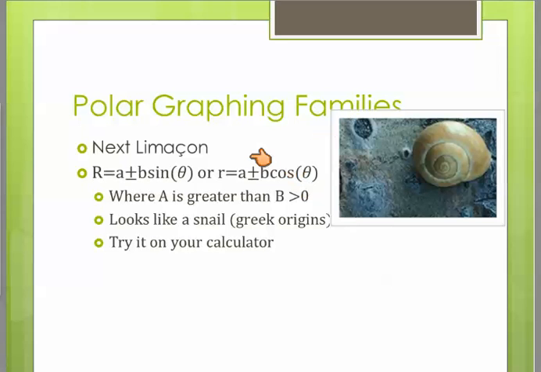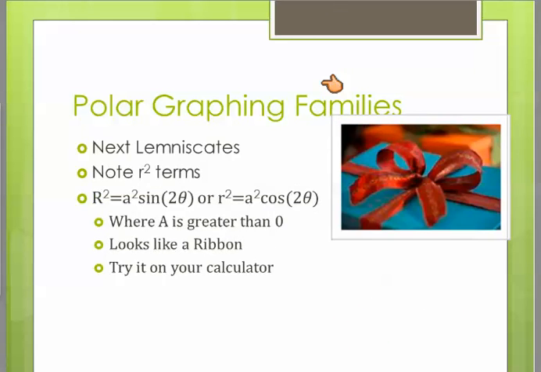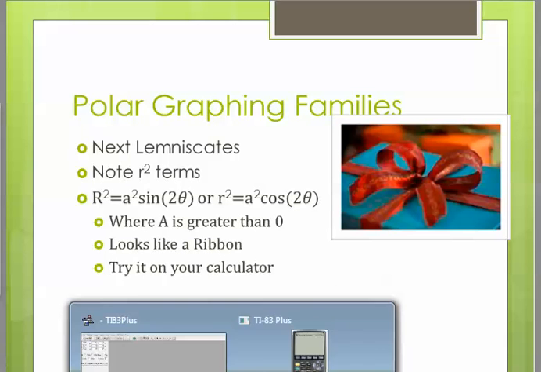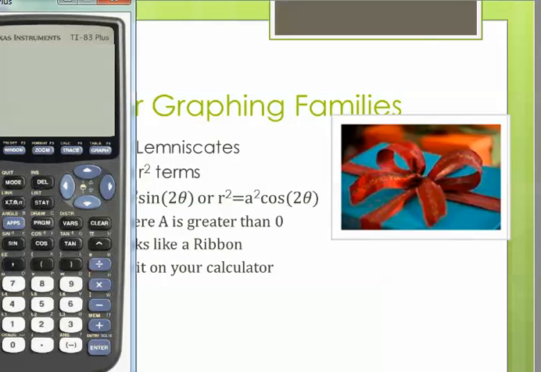For lemniscates, most of them only have symmetry around the pole, and very rarely do they have the other two. These ribbons also have pole symmetry, and very rarely do they have polar axis or y-axis symmetry.